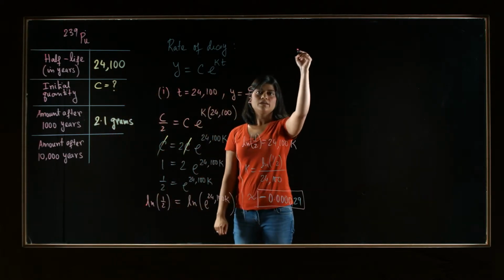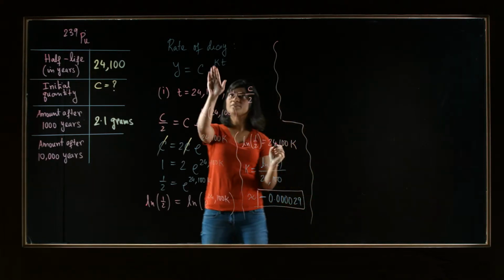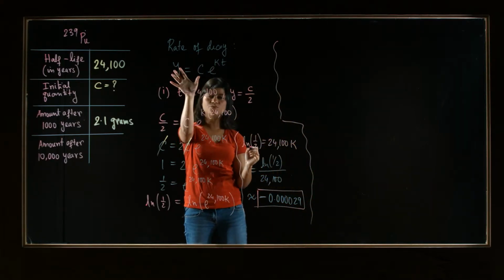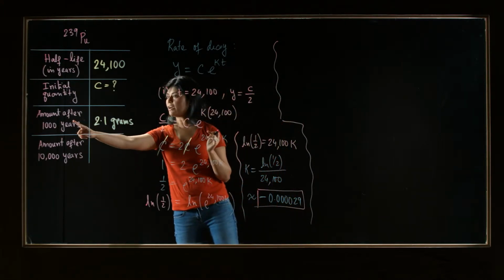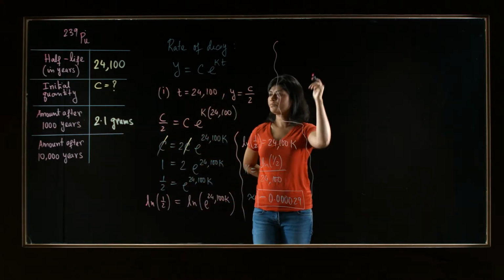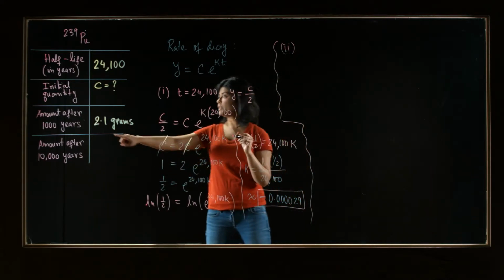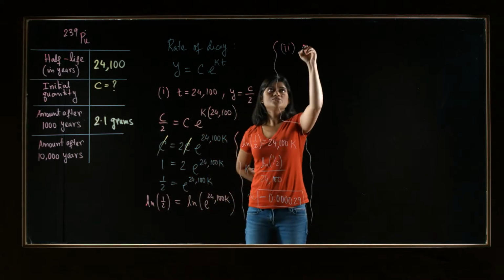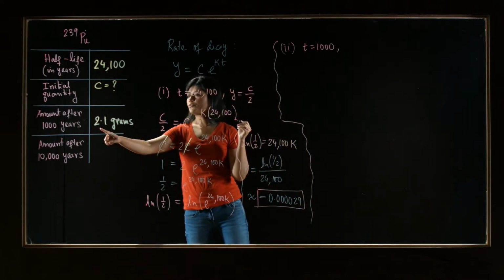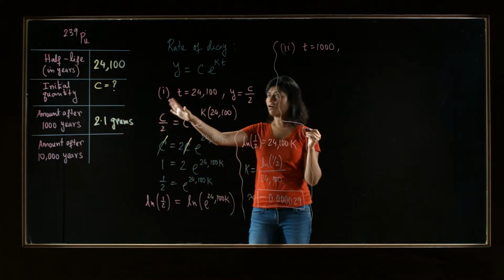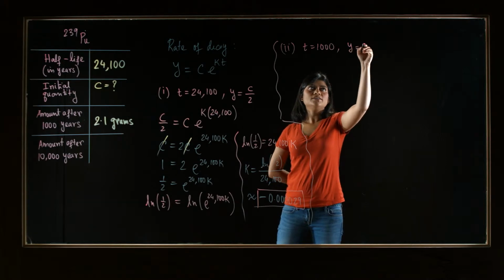Now that we have k, we can plug it into the original equation. What other information do we have from the table? Let's write that down as number 2. We know that after 1,000 years, so for t equals 1,000, we will have 2.1 grams of the substance, and therefore y is 2.1.